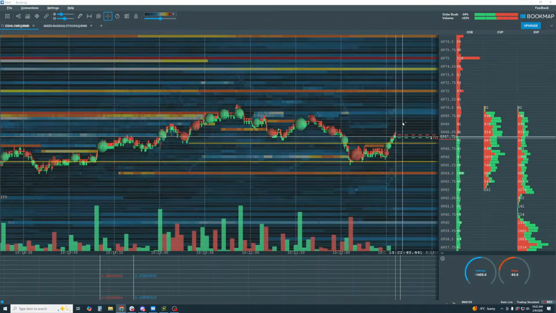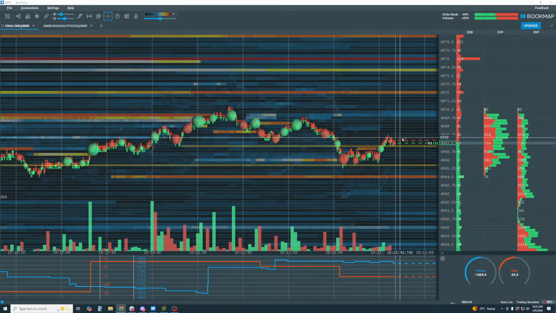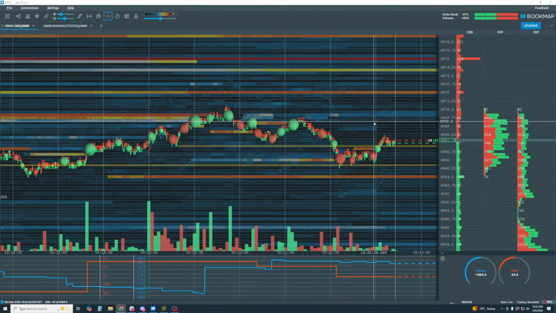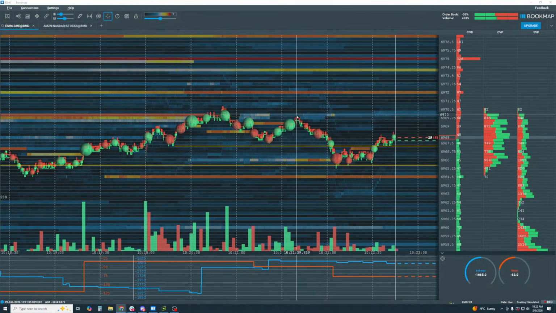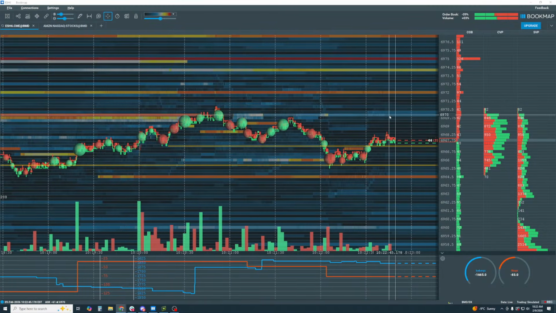Starting to. Okay. And first target would be here at 70, back to 70. Some liquidity there.